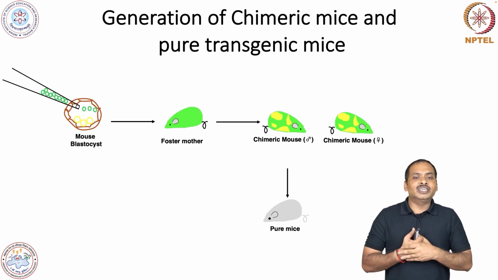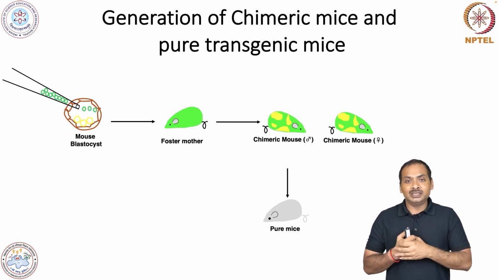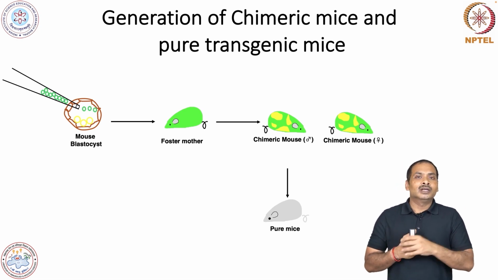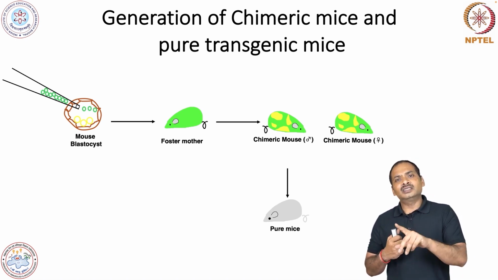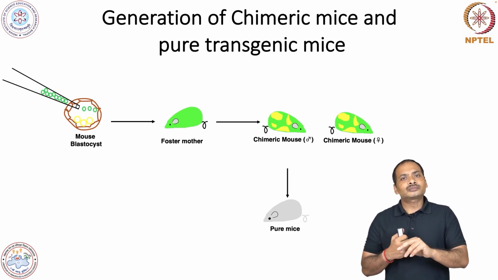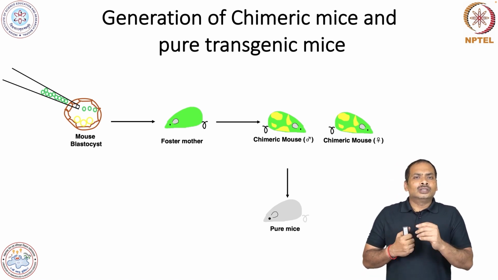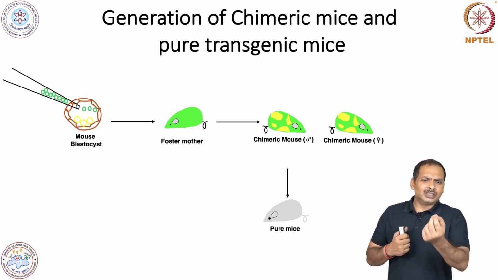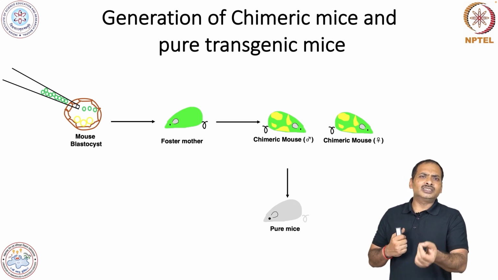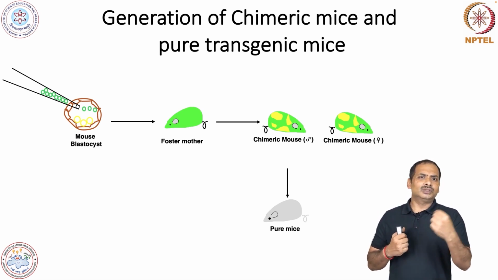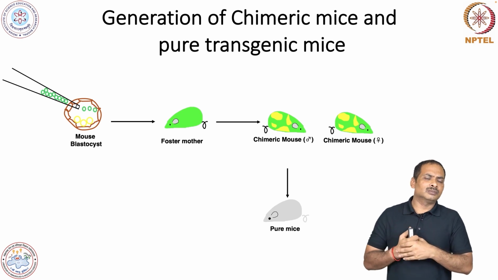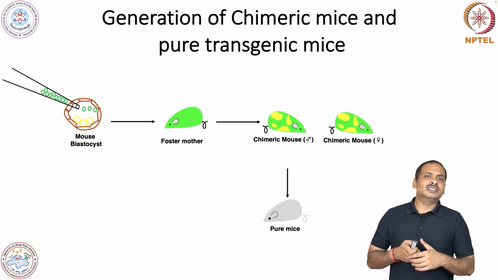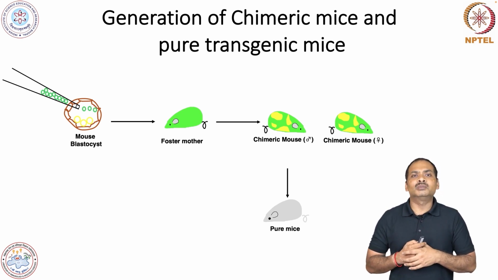For example, if you take a male chimeric mouse, it can produce sperm of two kinds. One is mutant, derived from the mutant cell, and another is normal. This mouse will transfer the mutant sperm to another female mouse, that is a pure mouse. Then you can see there will be a heterozygous germ line transmission.